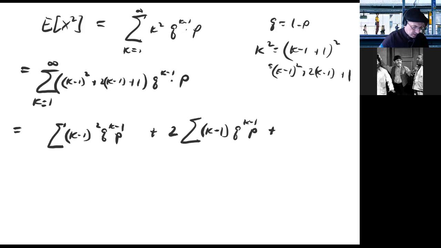And then the last term is the sum, and here k is going from 1 to infinity. The last term is q to the k minus 1 times p.